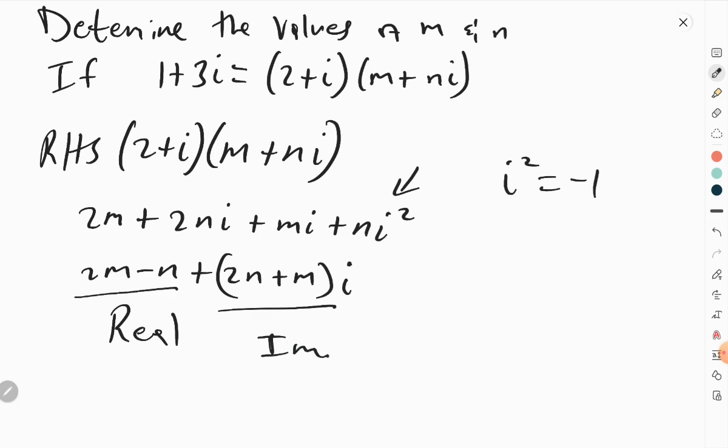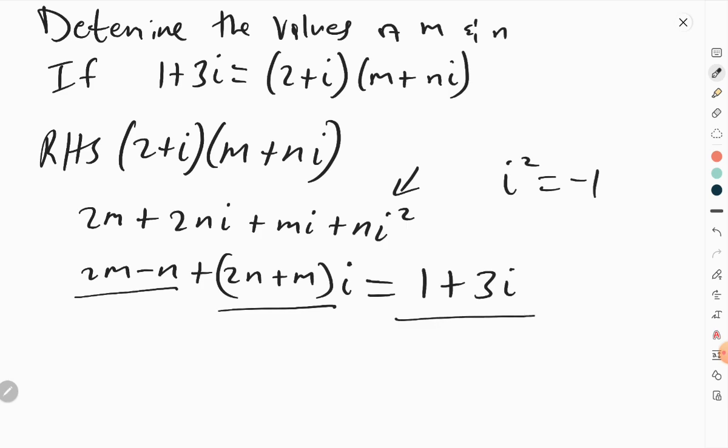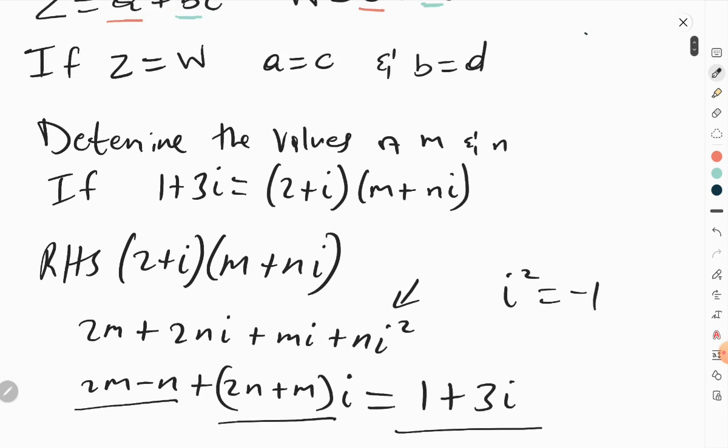Okay, so we can now associate that the real parts are going to be equal to each other and the imaginary parts are equal to each other. So we have this, which is equal to 1 plus 3i. You can see that this is a complex number and it is equal to another complex number. What did we do when the complex numbers are equal? The real parts are equal to each other and the imaginary parts are equal to each other.